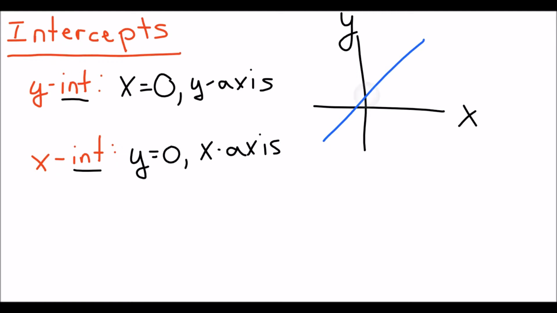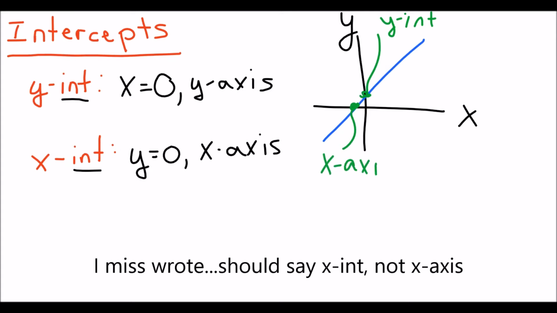So that would have to be right here, and we know that because at this point, x equals 0, and it's where it crosses the y-axis. So here is our y-intercept. Now let's say we want to find the x-intercept. The x-intercept is just right there, and we know that because that is where the line crosses the x-axis, or in other words, it's where y equals 0. So x-axis.